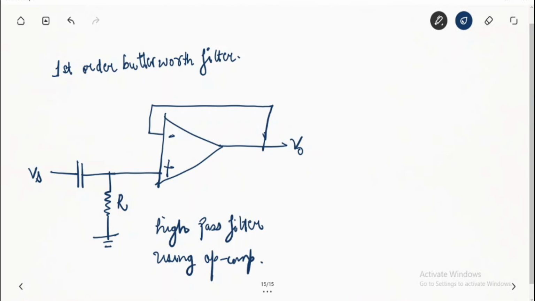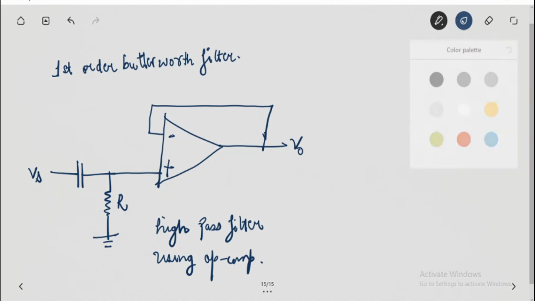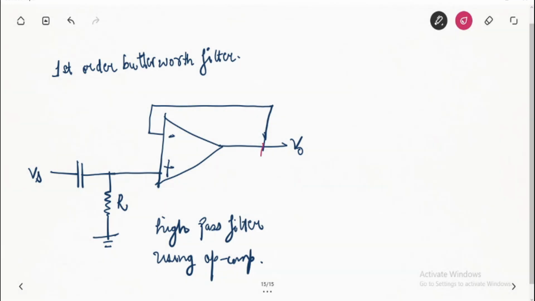Now everything will remain the same, the gain and everything will remain the same. What has been changed? अब आप यहाँ पे कोई भी लोड लगा दो, उस लोड से आपके आउटपुट पर कुछ फर्क नहीं आएगा, जबकि हमारे प्रीवियस केस में हमारे आउटपुट पर फर्क आ रहा था, प्लस हमारी कट ऑफ फ्रिक्वेंसी में भी चेंजेस आ रहे थे.